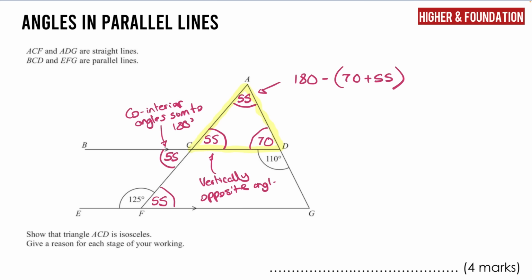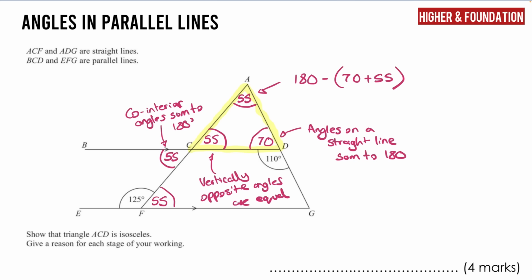Vertically opposite angles are equal. We had angles on a straight line equal 180. And then to finish it off, we had angles in a triangle. I'm going to write sum to 180 again, but we had angles in a triangle adding up to 180 as well.